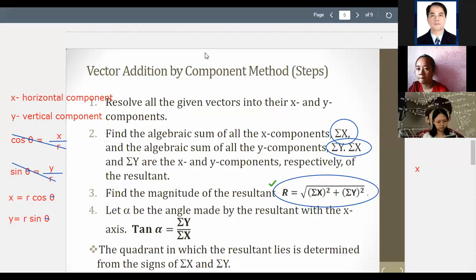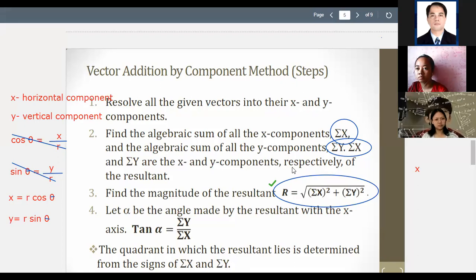What's the main point there? The idea of this symbol is that at the end, we will be combining all the x components together. If we are able to identify all the x components, we are able to identify all y components, because we are dealing with two or more vectors. We have to add them together.